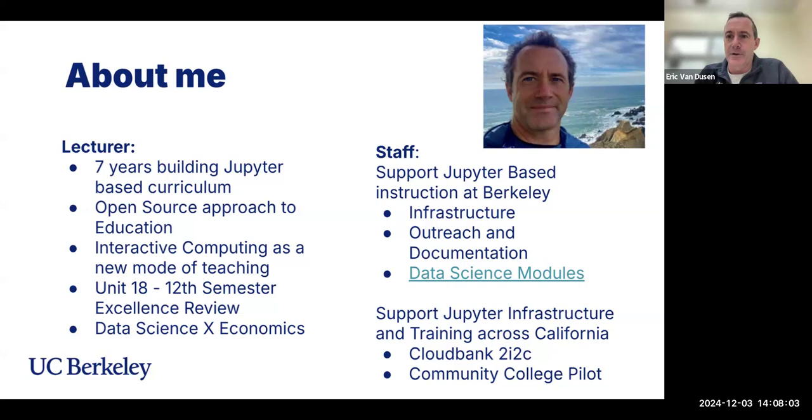So I've been learning to make Jupyter-based curriculum, and then I've been learning to communicate about that to other people. I have a very weird situation. I have a 50% lecturer and 50% staff. UC Berkeley does not grok somebody's teaching and staff. You're one or the other. So I have a lecturer position that goes up and down. I'm primarily a staff person, but if I want to teach, I have to have a lecturer position.